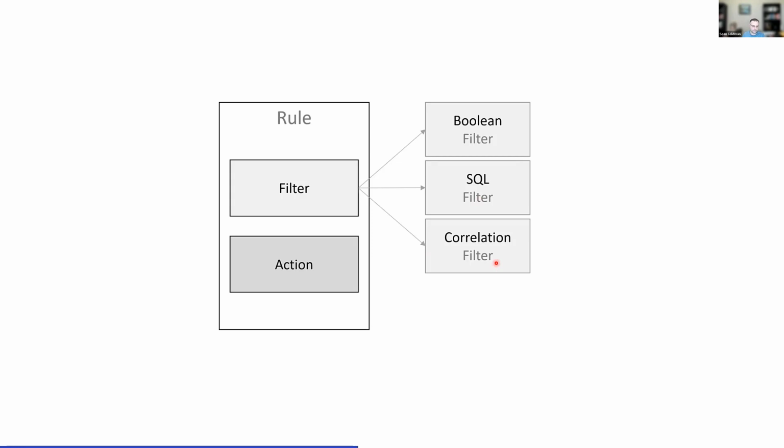It's basically literally an equality filter, but they only operate on the system properties: label, message ID, subject (label is the same thing), content type, things like that. There's a list of the properties that you can utilize. If you can, correlation filters are much more performant and better to utilize, but they're not as flexible as SQL filters. SQL filters, on the other hand, allow you complex filtering, but they come at a cost.